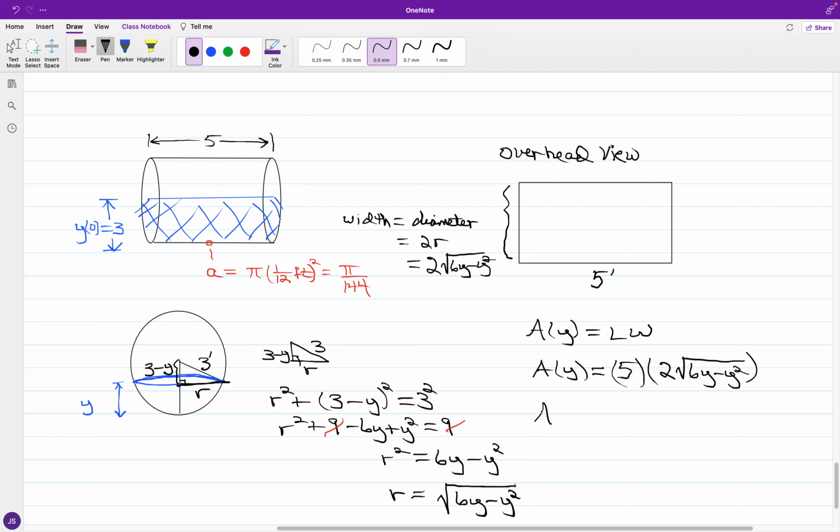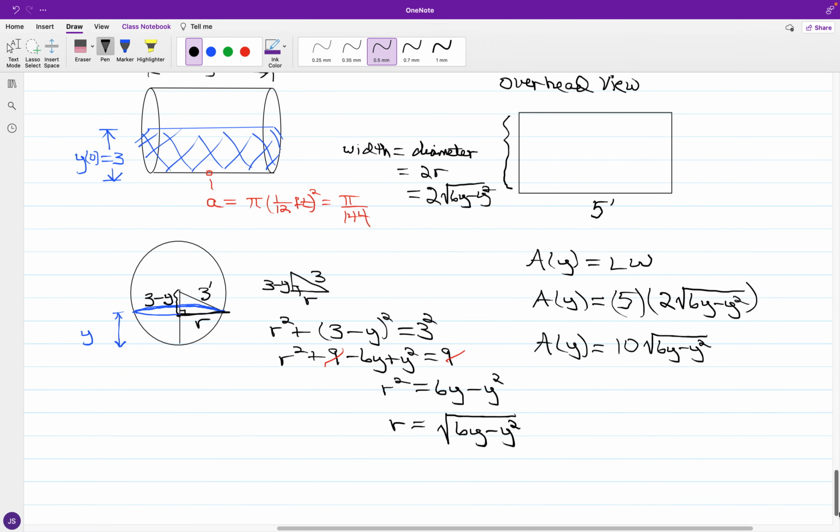So for the cross-sectional area, we're going to have 10 times the square root of 6y minus y squared. And the radical remains because we don't have any squaring of the radical involved, as was the case when we had the overhead view to be circular. Instead, we had this time rectangular.